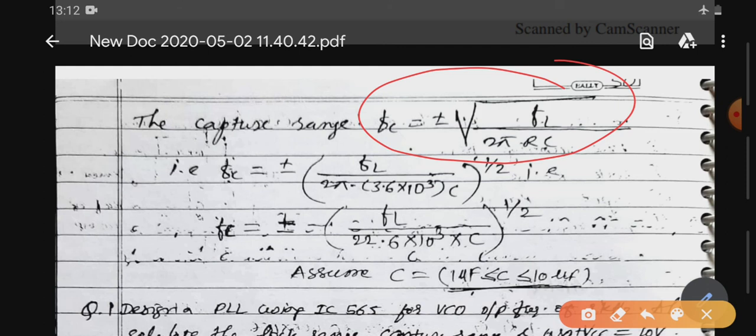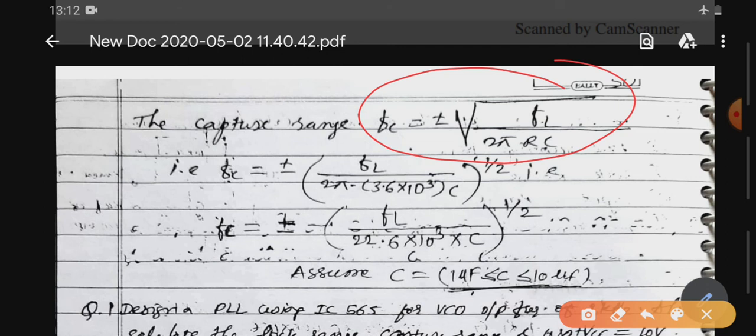Capture range is the range of frequencies over which the PLL can acquire the lock. The PLL is trying to get the lock, and that range of frequencies is called capture range, whereas lock range is the range of frequencies over which the PLL can maintain the lock.